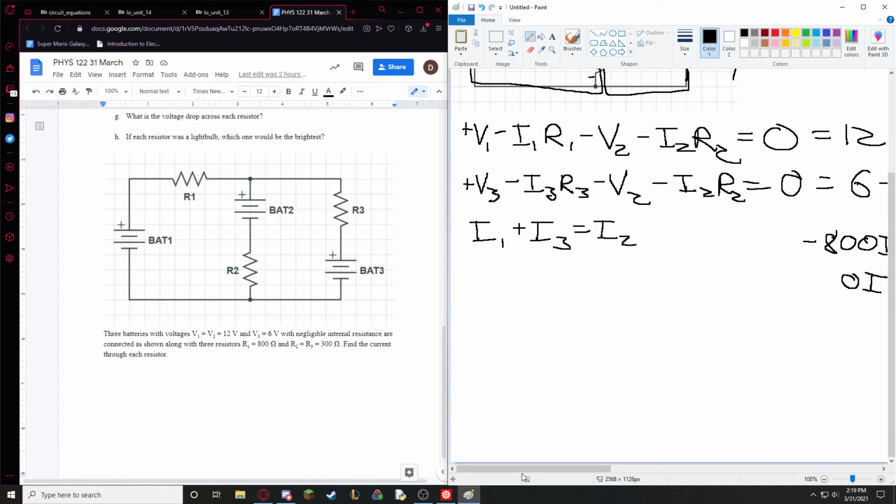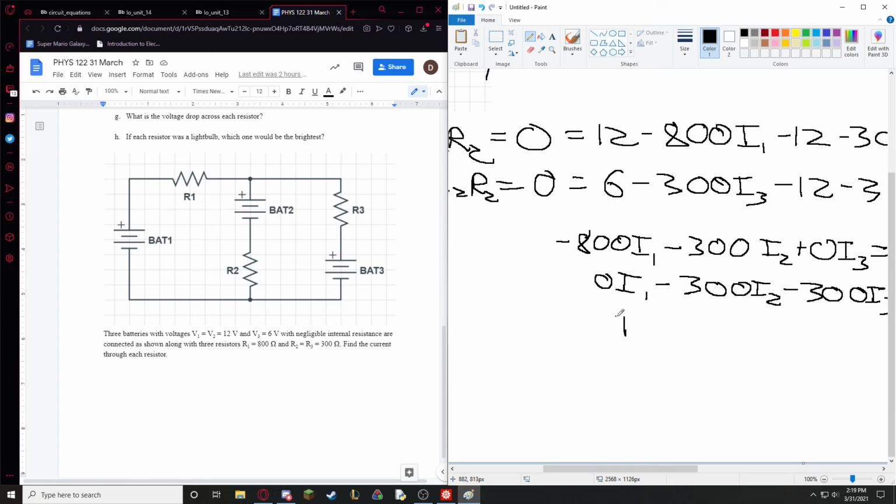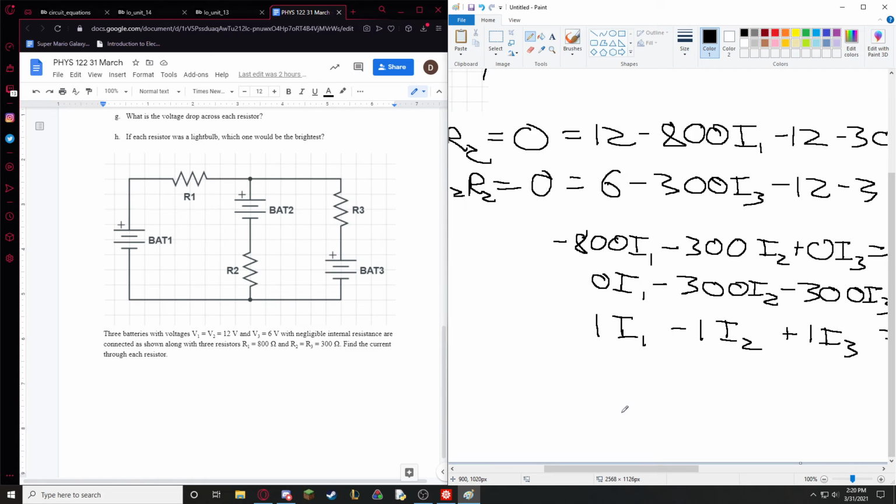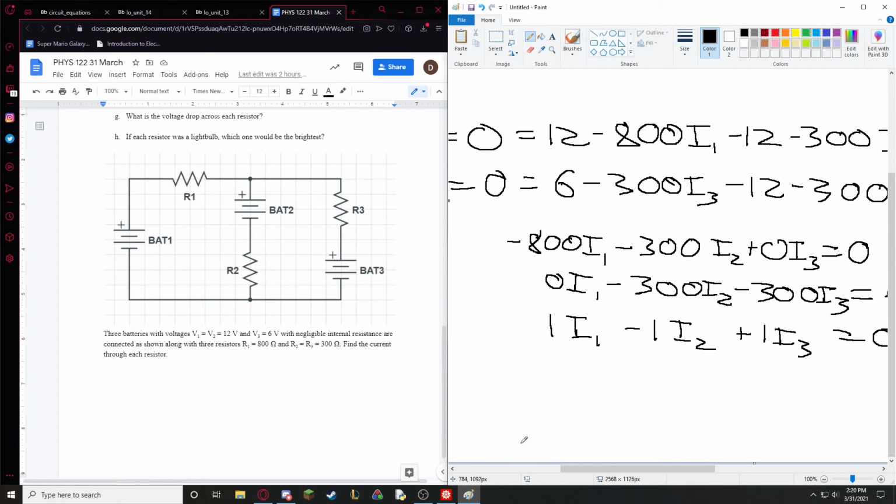And for the third one, it's obviously 1 I1 minus 1 I2 plus 1 I3 is equal to 0.